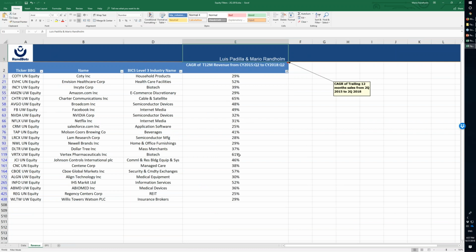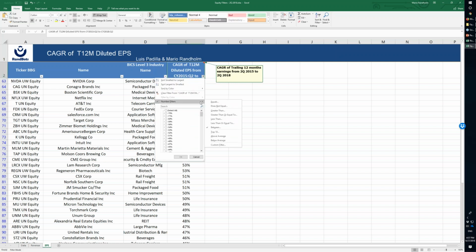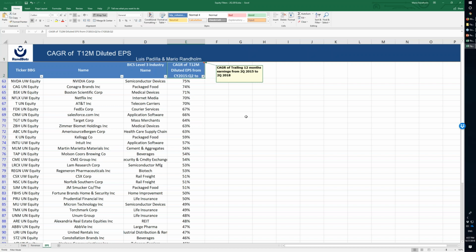Here are some examples of all the filters we showed in revenue, and then the filters I showed for earnings per share. This is the top, I think it's filtered between 25 and 75%. If you want this, I can send it to you.